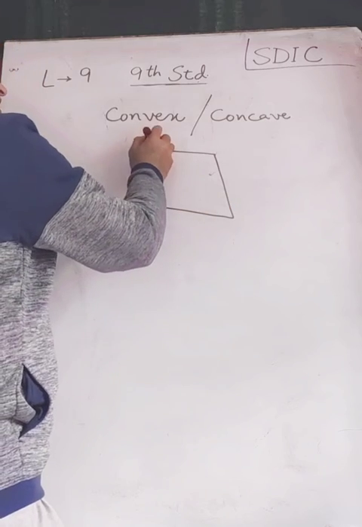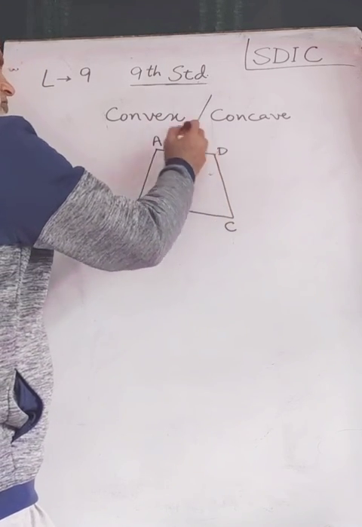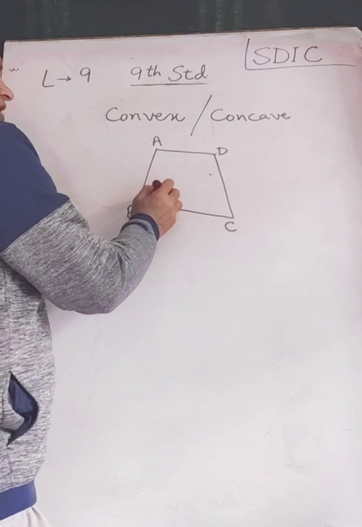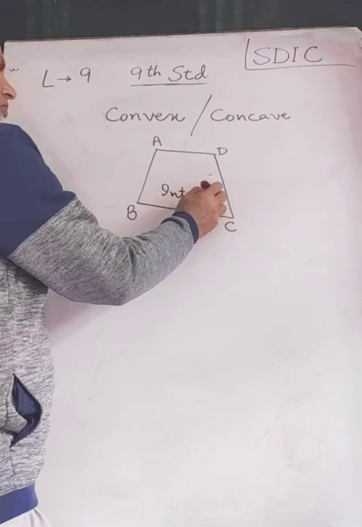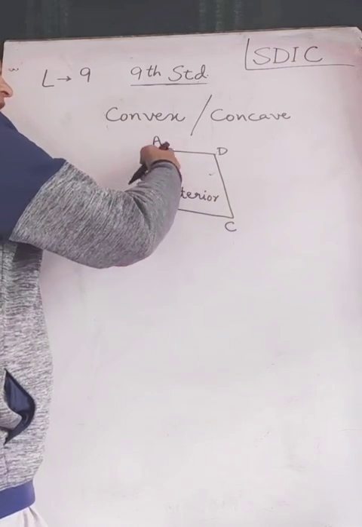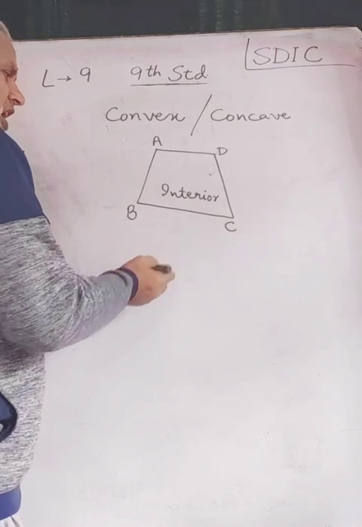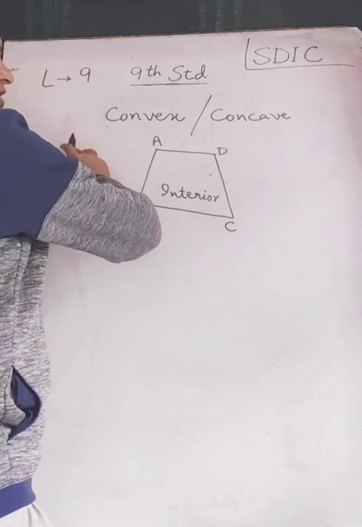For example, look at this quadrilateral, the one we have earlier drawn. Consider this, ABCD, I shall again name it. This is the interior of the quadrilateral, which lies within the 4 boundaries, 4 sides. That part is called interior. And this whole thing is the exterior of the quadrilateral.